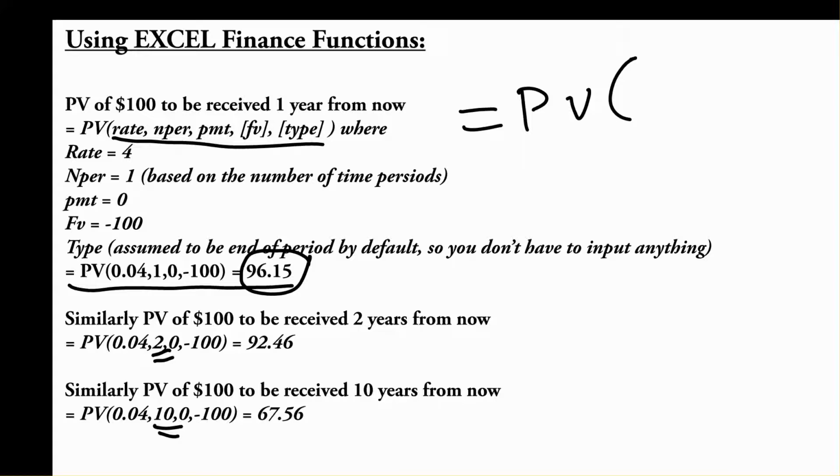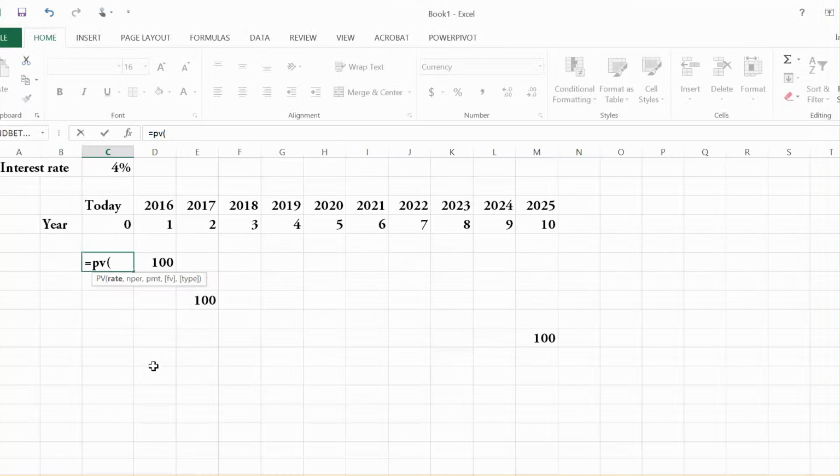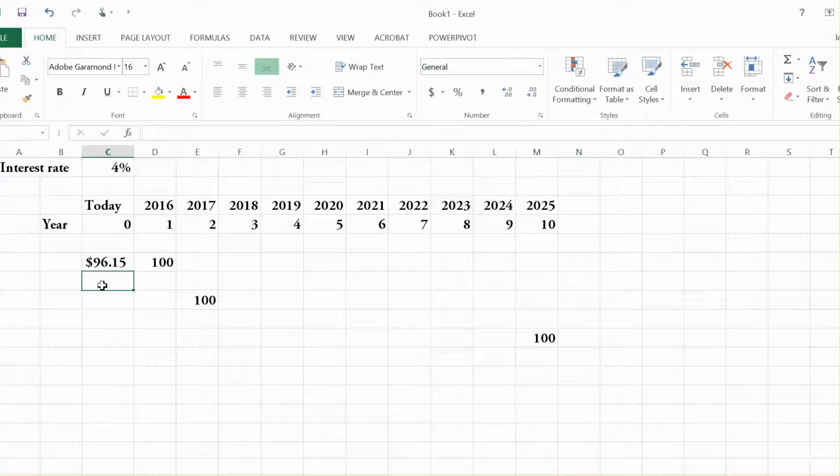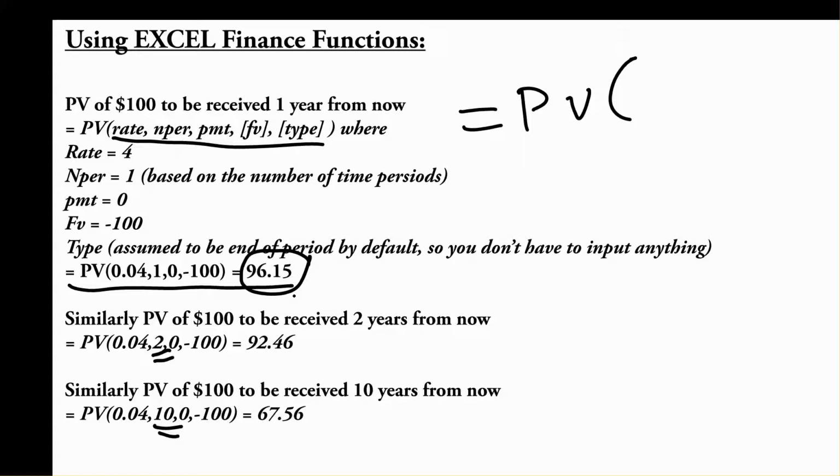So I'm going to go back to that: the interest rate 0.04, number of periods 1, there's no payments, minus 100 is my future value, and I get 96.15, which is exactly what I have here.